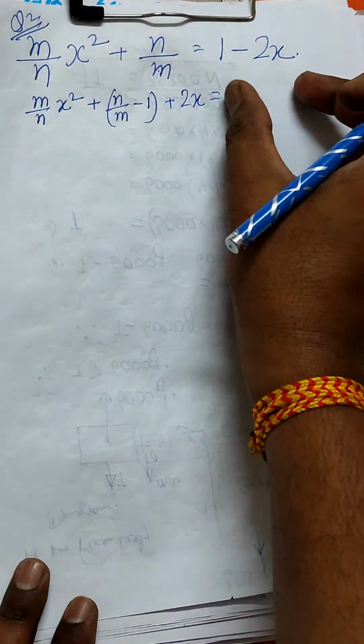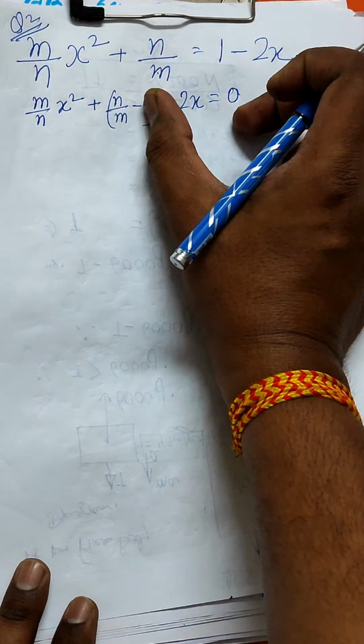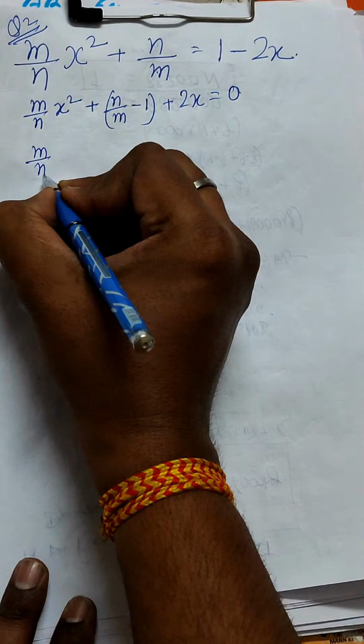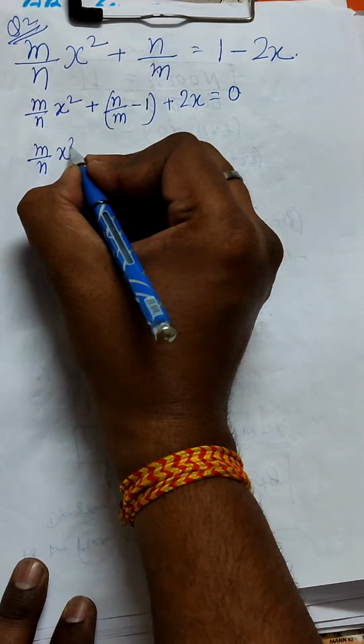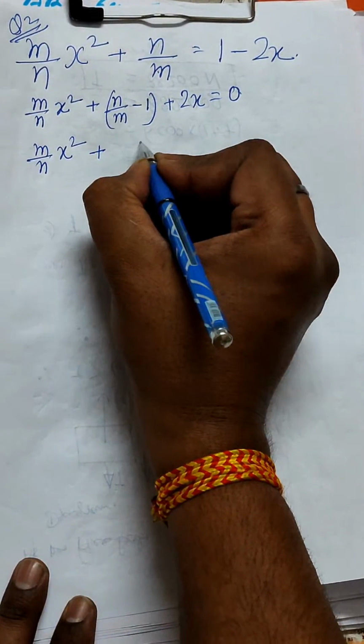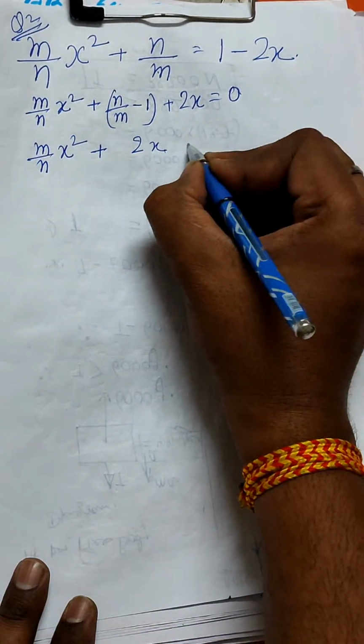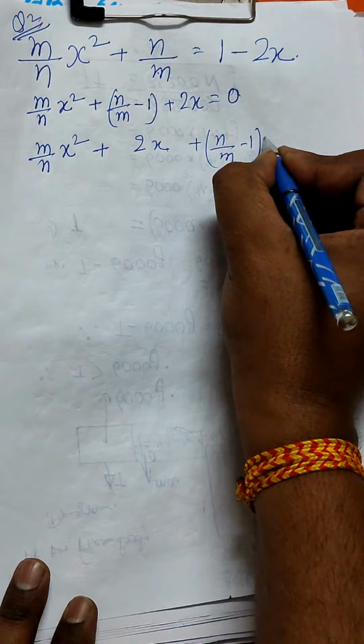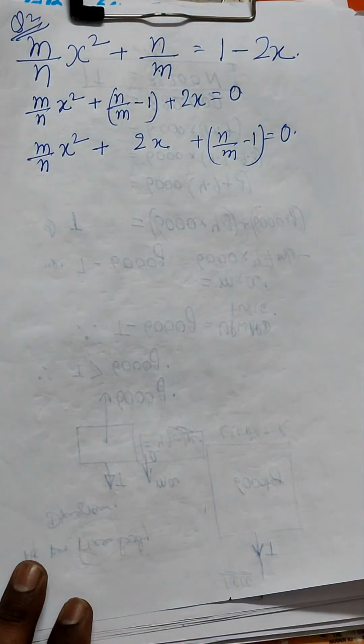We brought all the terms from RHS to the LHS. So this will give you m by n times x square plus 2x plus n by m minus 1, this equal to 0, right?